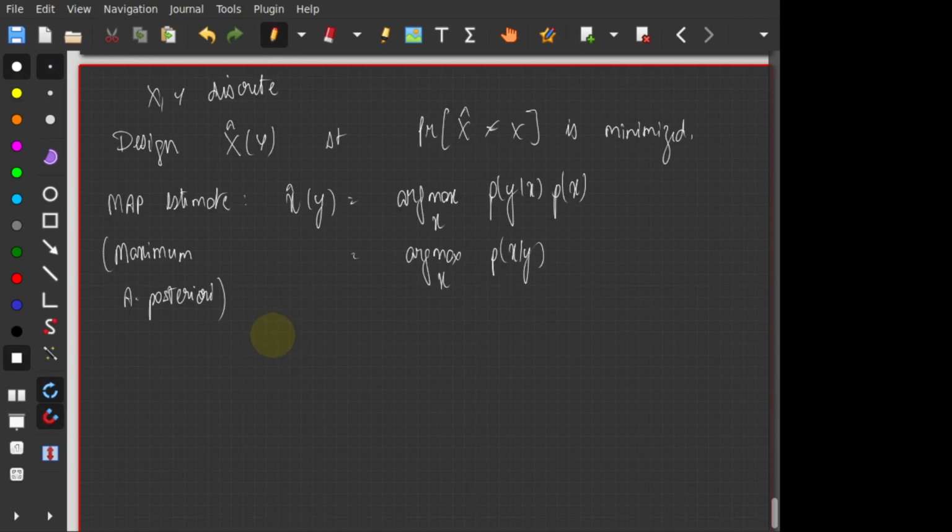So the easier thing is to write the probability of error, x hat not equal to x, as 1 minus the probability that x hat equal to x. So 1 minus the probability that you're correct. So trying to minimize this is the same as trying to maximize the probability that x hat is equal to x, right? But what is this equal to?